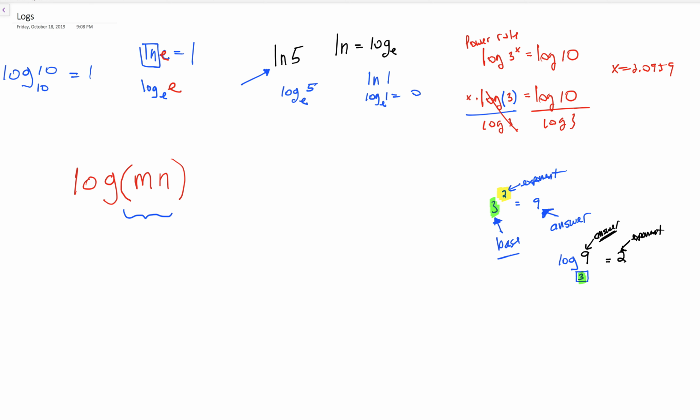So the log rule is when you multiply in here, you can rewrite it by separating the two of them with addition. So this right here is the same exact thing as log, don't forget there's invisible bases right there, m plus log n. With me?